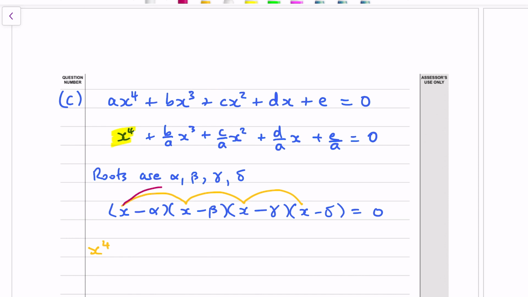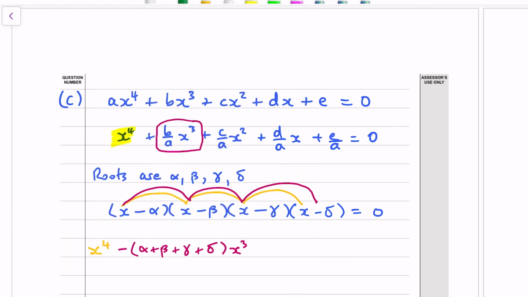I can go x times x times x times a number. And there are 4 different ways of doing that depending on which 3 x's I take. So x times x times x times negative delta, or x times negative gamma times x. And in every one of those there's a negative, and then there's one of the 4 roots with an x cubed. Okay, and that's going to be this term here.